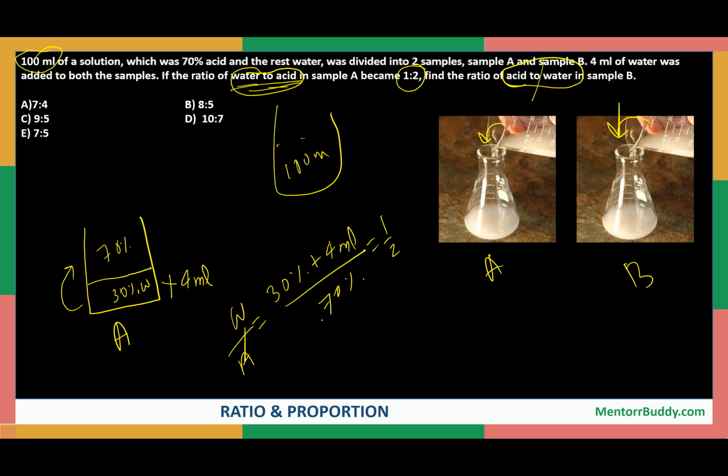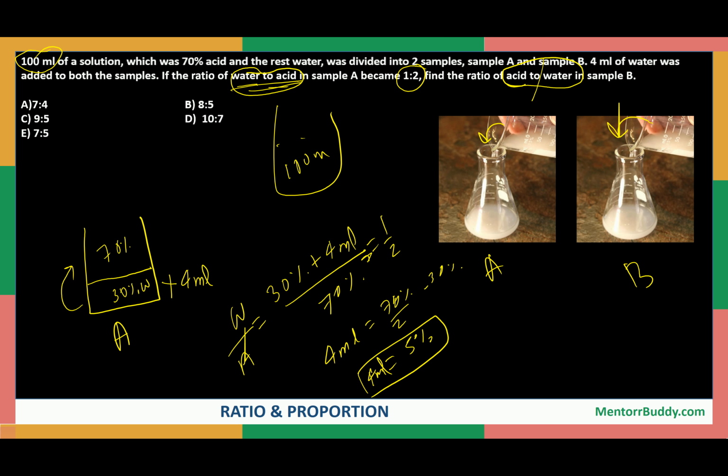So we can quickly see that, taking the 70 to that side, it will become 70% by 2, so it will give you minus 30%. So how much will it become? 4 ml is equal to 5%, right? 4 ml is equivalent to 5%.